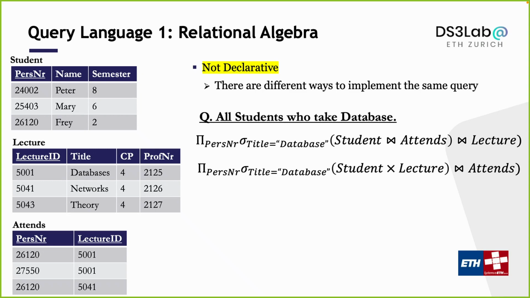And then natural join those 1 million pairs with the attend relation, and then I do my selection on database as a title and project to student ID. It's not hard to see that these two relational algebra expressions give you the same thing, right? Under the current schema, they give you the same thing.